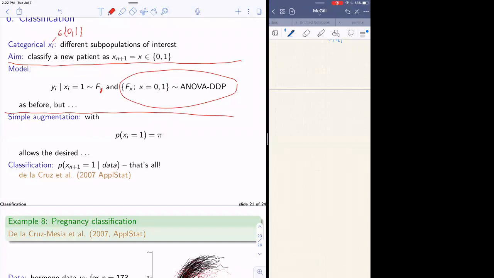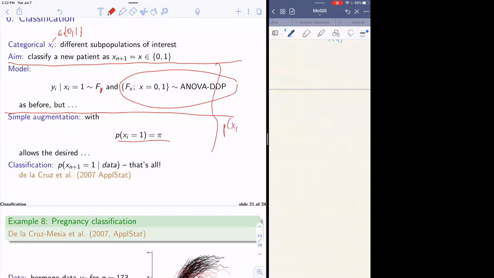All we need is a probability of X equal 1. So we augment the model to a joint model on X and Y by introducing a model for X equal 1. That's it.